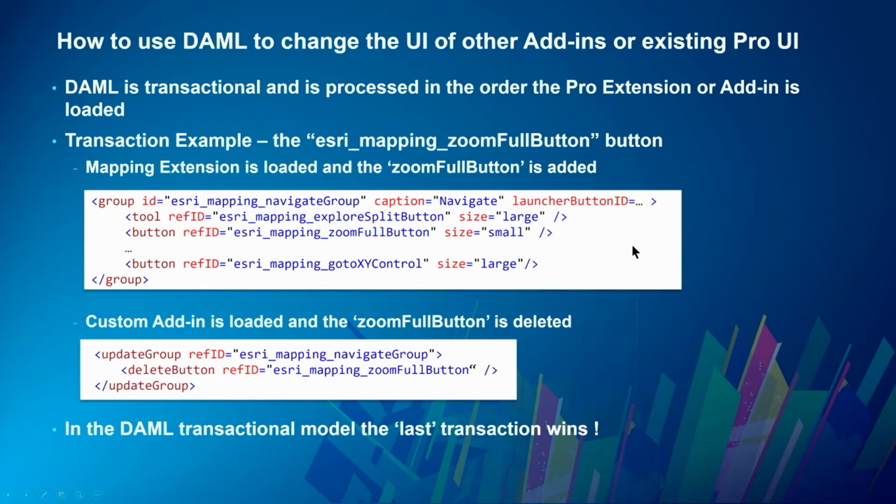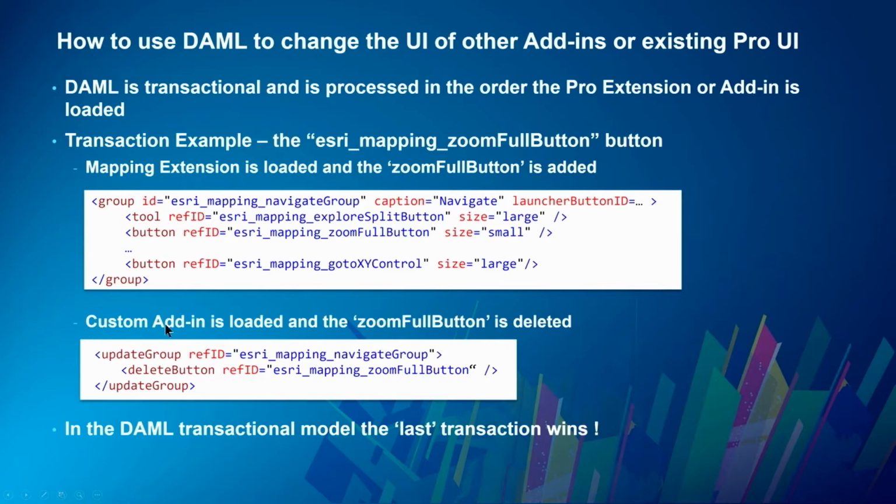This is the DAML that I actually copied out of the mapping extension's DAML. If I look through that file, somewhere in there I can see button, ref ID, Esri mapping full zoom button, and the size is small because if you look on the UI, you see it's a small button. So it's been added here. So now it's been added to the UI.